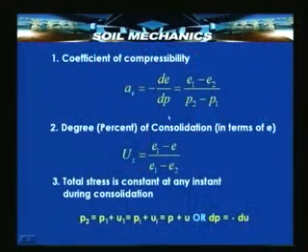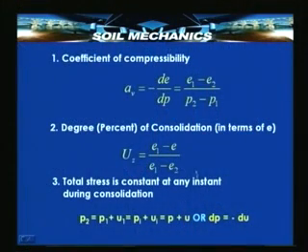Since we have a relationship between de and dP, and since degree of consolidation is related to de, we find that this degree of consolidation, that is nothing but the consolidation that has taken place at any instant of time, can be related through 1 and through 3 to du. So, here the void ratio change gets related to the pressure change, and the pressure change gets related to the excess hydrostatic pressure change.